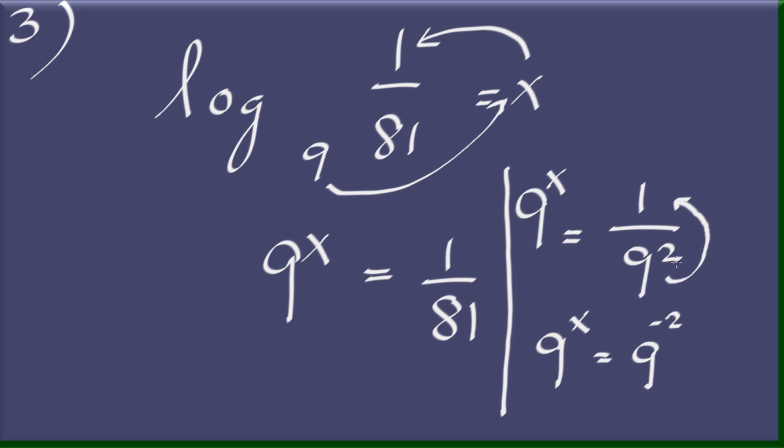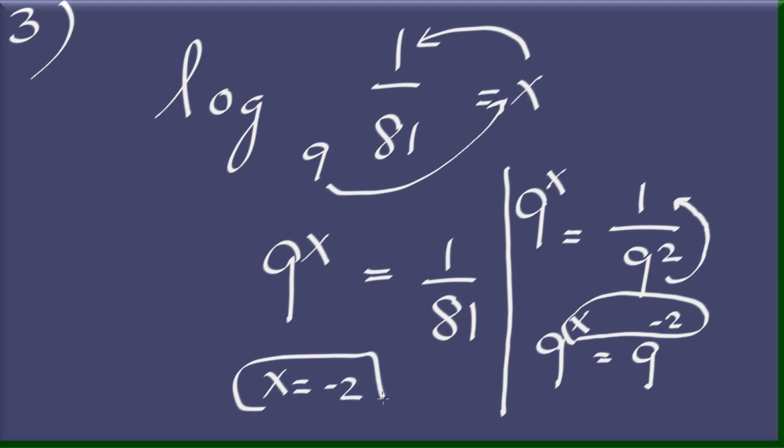So that's one property of exponent. You can move this number from denominator to numerator as long as you switch the sign. Knowing that their bases are the same, then their exponents have to be the same, which means that the solution is negative 2.